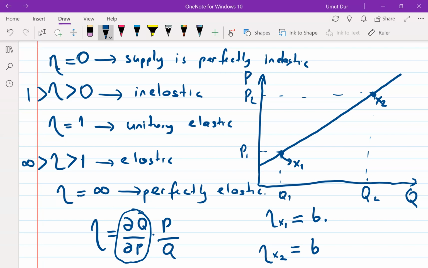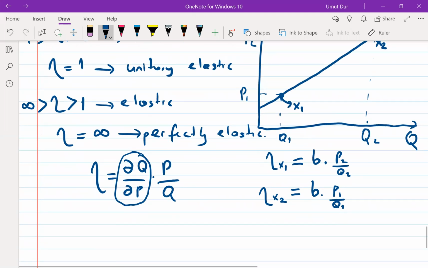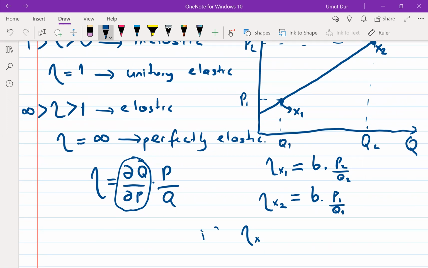Then the supply elasticity for x1 is equal to p2 over q2, and this is equal to p1 over q1, okay. So which means that if the elasticity at x1 is equal to elasticity at x2, then we need to have p2 over q2 equal to p1 over q1, okay?